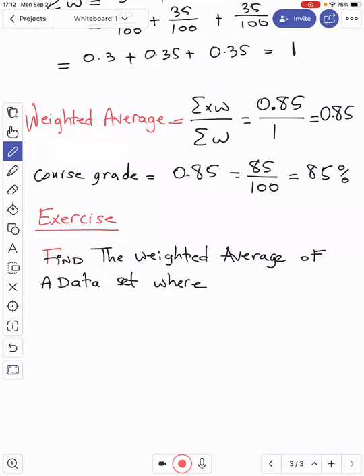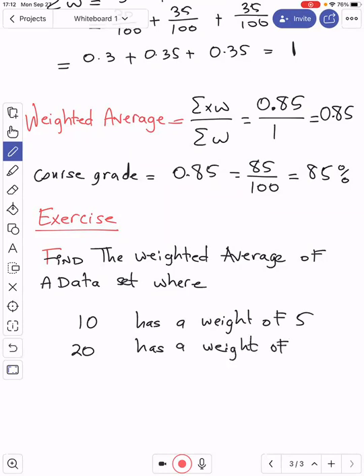let's say the first data value is 10, and 10 has a weight of 5. Second data value is 20, and let's say 20 has a weight of 3.